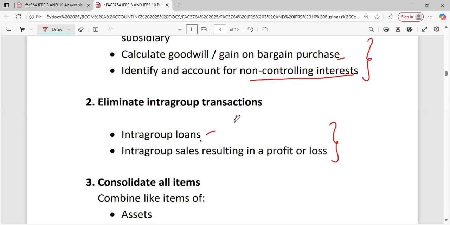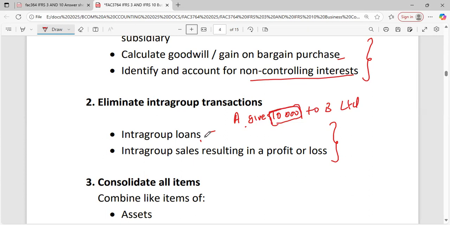For example, A is the parent and A gave a 10,000 loan to B Limited. When you do your consolidation, you should take out this loan.